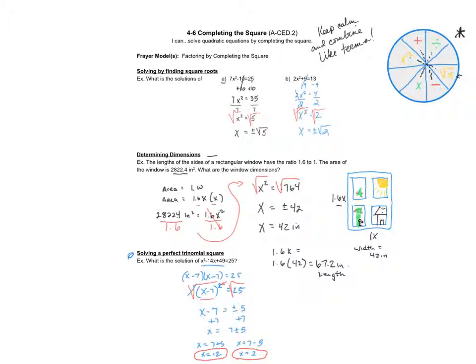So again, isolating that variable, working it down, getting rid of your factoring, getting rid of your exponents, combining like terms, and making sure that you have a plus or minus here, and working out two individual problems.